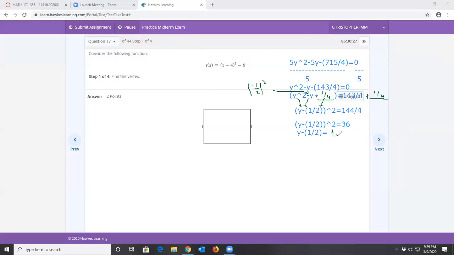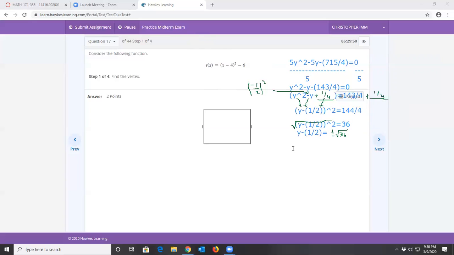The reason is that when I take the square root of the left-hand side, the square root of a square is actually the absolute value. I thought it would just get rid of the square. Yeah, it does get rid of the square, but technically it would leave you an absolute value. If you don't want to write absolute value, the way to do it is to put a plus and minus over here. It's just like solving an absolute value equation. That's the reason why we have to do the plus or minus.